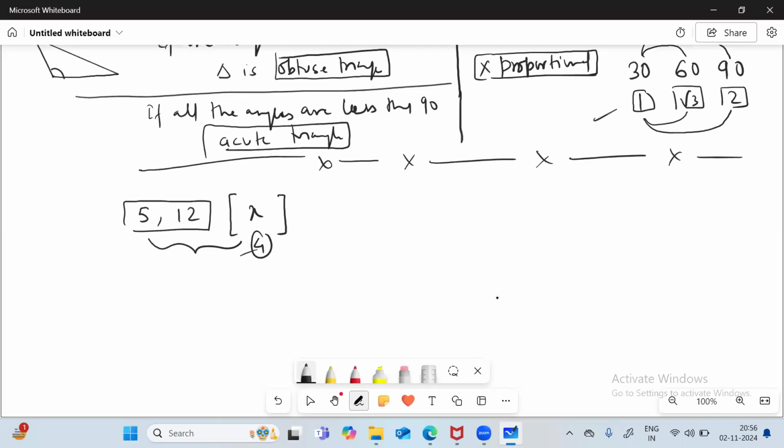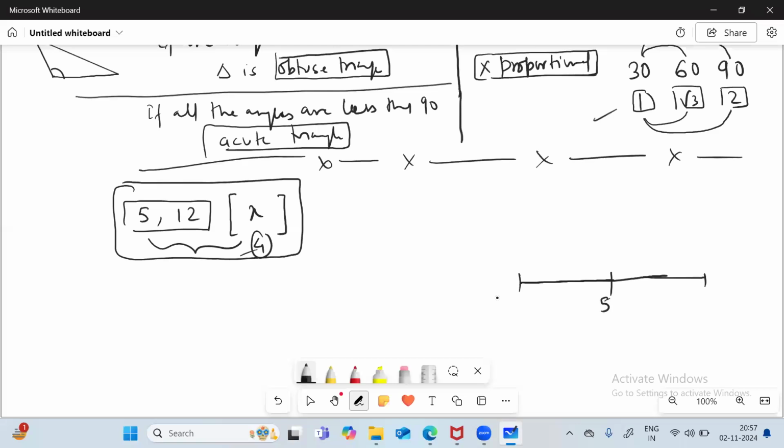What are the key results that we are getting? In order to explain this situation, I'll take a side 12 and I'll also take a side 5 on the same line. So this is 5 and this is 12.